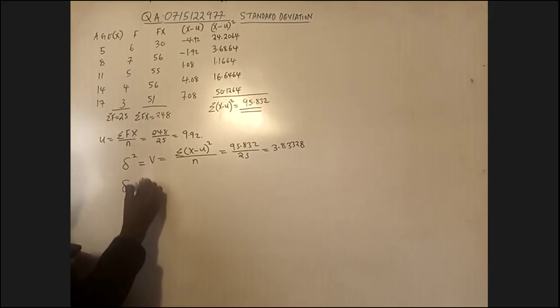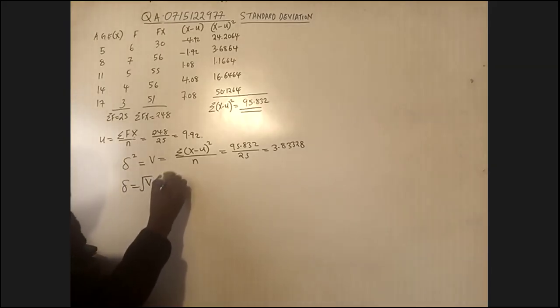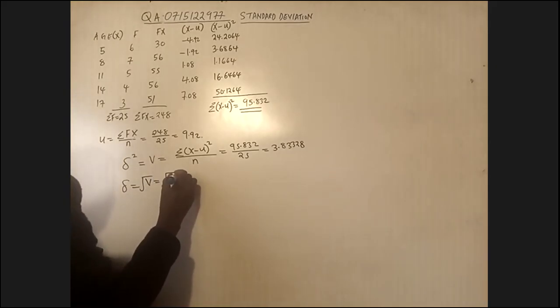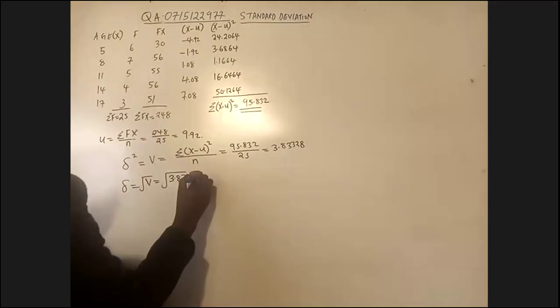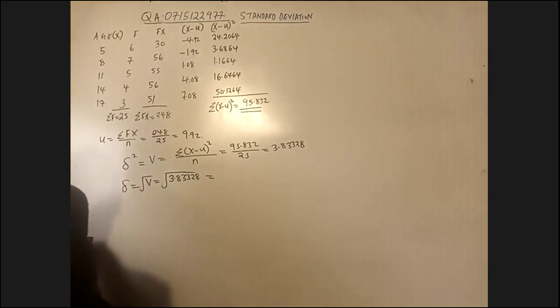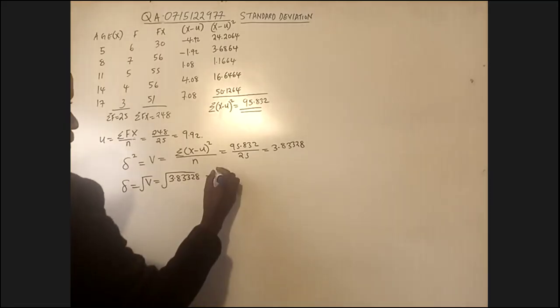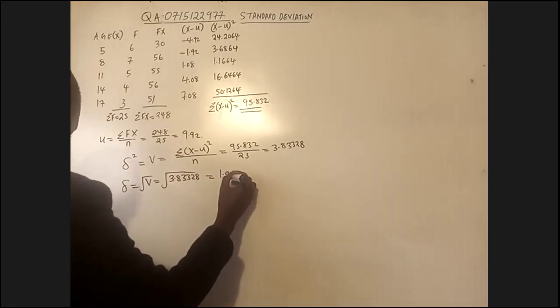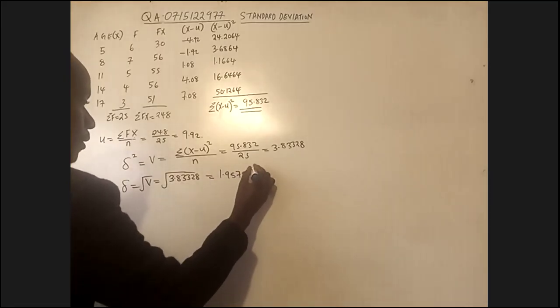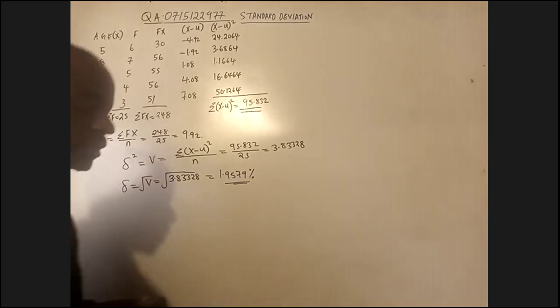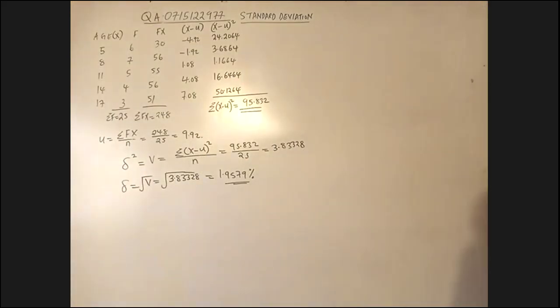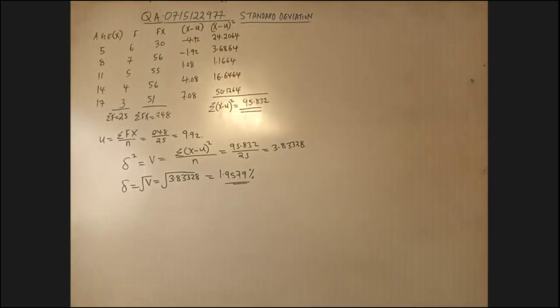Standard deviation is the square root of variance, the square root of 3.83328. What do you get? 1.9579. So remember, standard deviation in most cases is expressed in percentage.